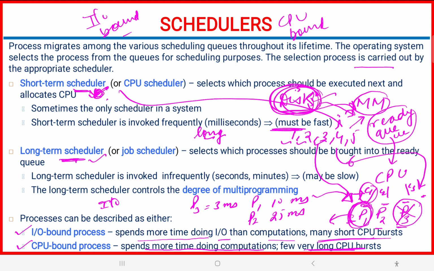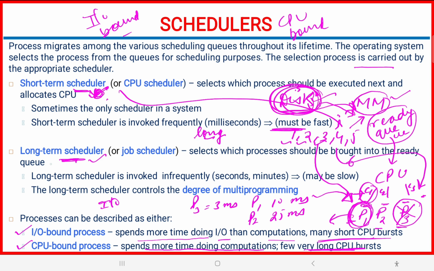What if the number of processes in the main memory is already too much, and the system is working quite slowly? In that scenario we can deallocate some of the processes from the main memory, and bring them back later on for execution.